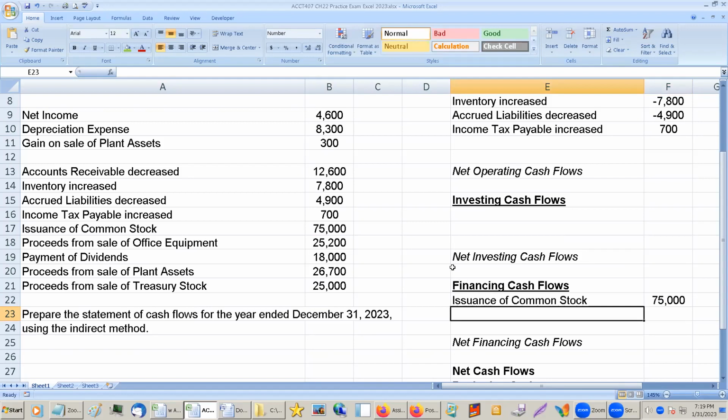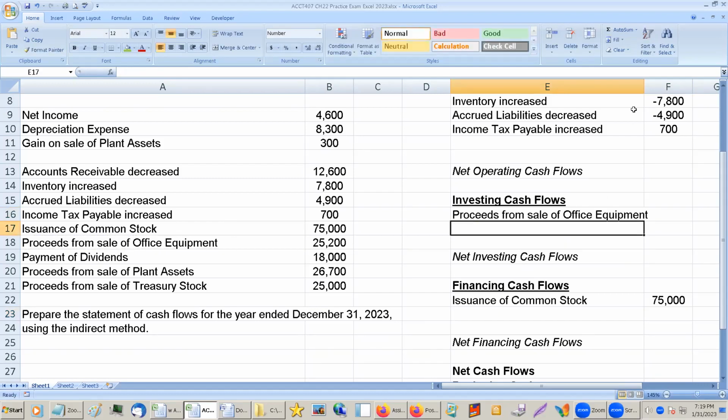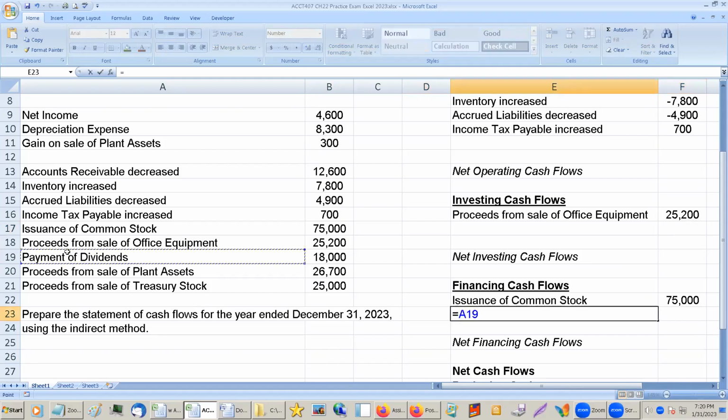Proceeds from the sale of office equipment. The investing, yep. It's an increase. Yep, proceeds. Payment of dividends. It's financing and it's a decrease in the cash. Yep.